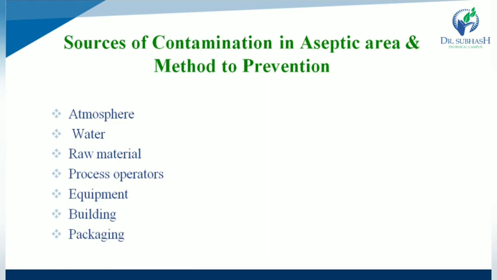Last one is packaging. Packaging material has a dual role: it acts both to contain the product and to prevent the entry of microorganisms or moisture. Glass containers, cardboard boxes and closure liners all carry different types of microorganisms if they are not treated by a proper method.